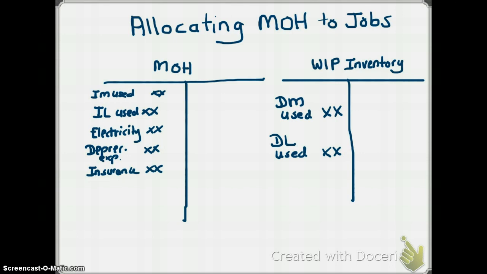We trace our direct materials, we trace our direct labor, which we have both done in our work in process inventory account, but we allocate our manufacturing overhead. To allocate manufacturing overhead, we calculate how much overhead should be allocated, and then we allocate it by debiting our work in process inventory and crediting manufacturing overhead.